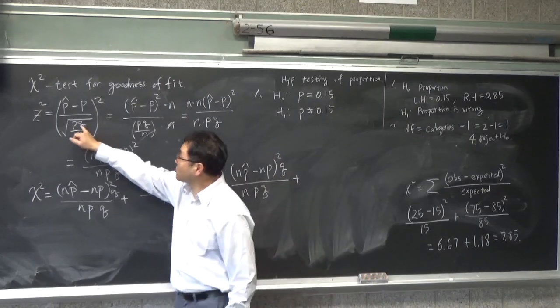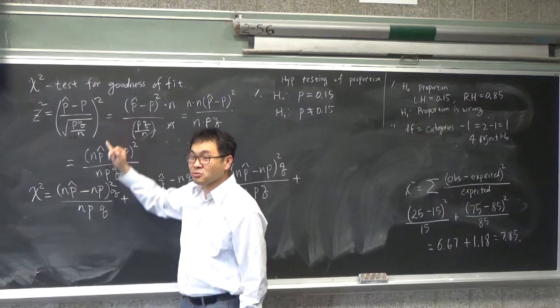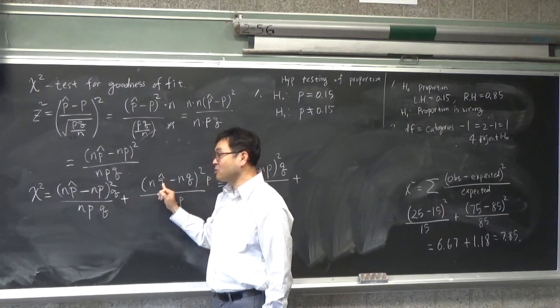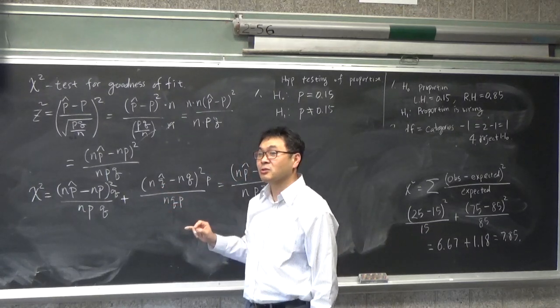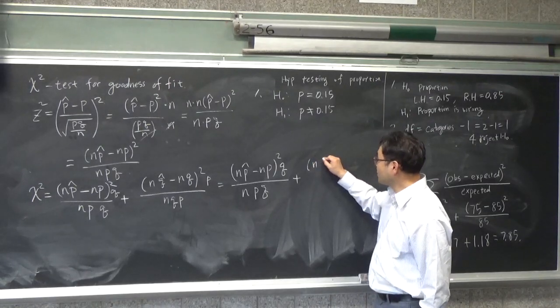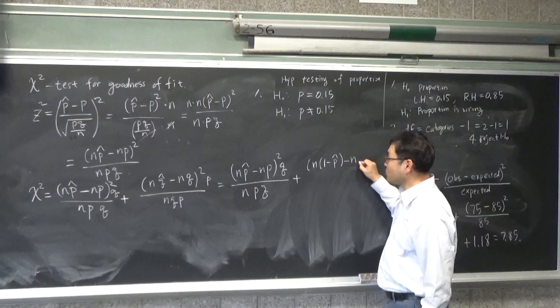Well, q does get used somewhere, so that's okay, but q hat never appears, so q hat must not be used. Instead of q hat, we should use 1 minus p hat. So you put n times (1 minus p hat) minus nq.